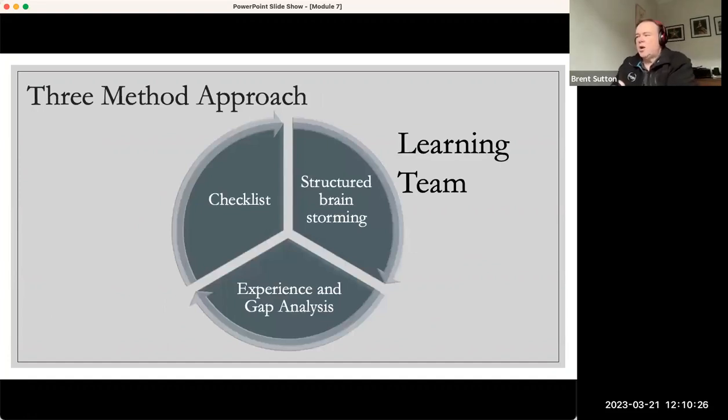And the 3-method approach that we're going to use is around a checklist, some structured brainstorming, and our experience or gap analysis. So the checklist, the other week, we gave you guys a machinery safety checklist, which looks at the common types of hazardous situations that can arise.